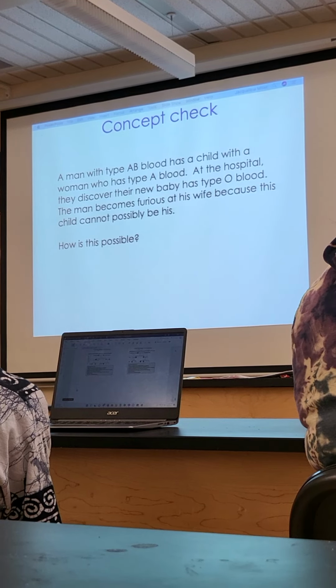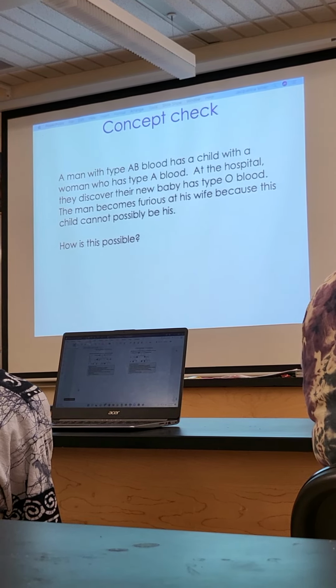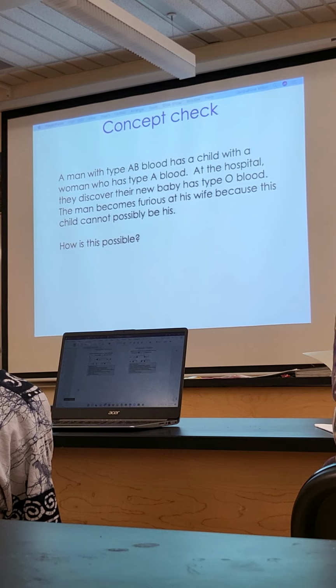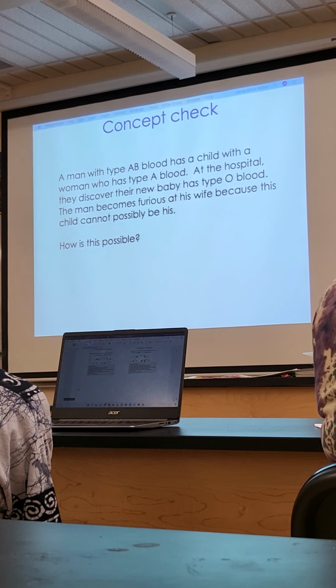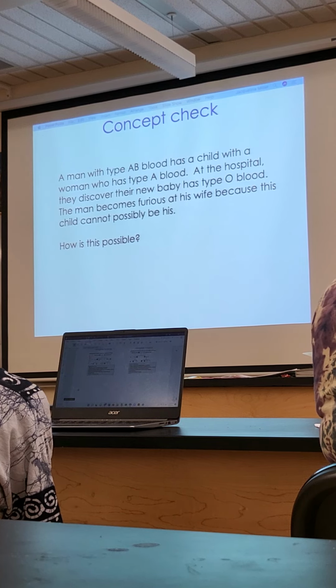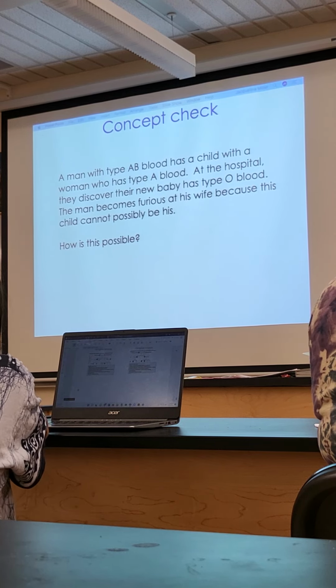And then the man becomes furious with the wife because he says, this baby can't be mine. So is it possible, if his blood type was AB, her blood type was A, for them to have a baby with type O?